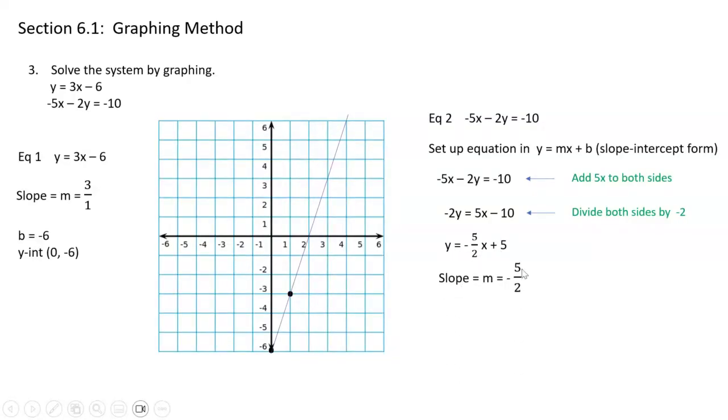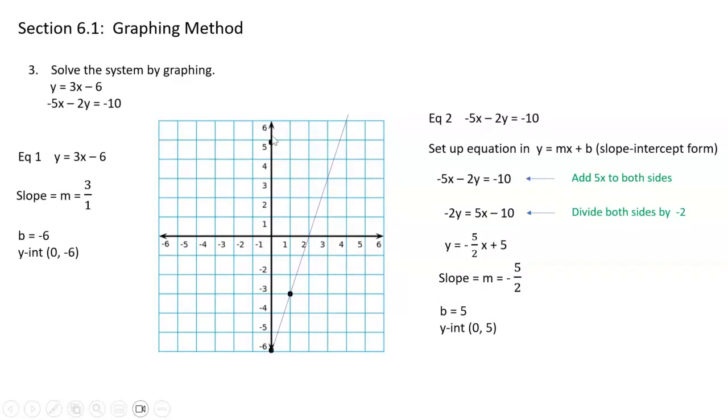My slope is -5/2, and my b, which is the y-intercept, will be 5. The b is always your starting point, so I'm going to start at 5 on the y-axis. The slope is -5/2, which means I'm going to go down 5 and 2 to the right from the starting point.